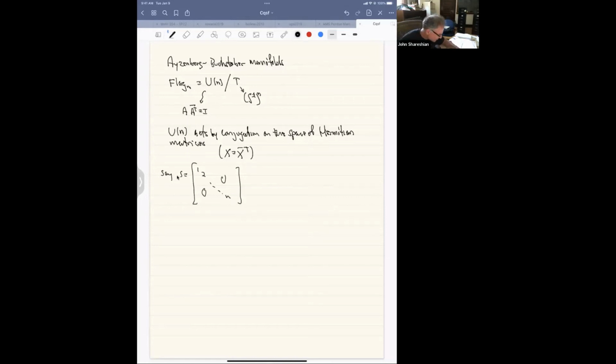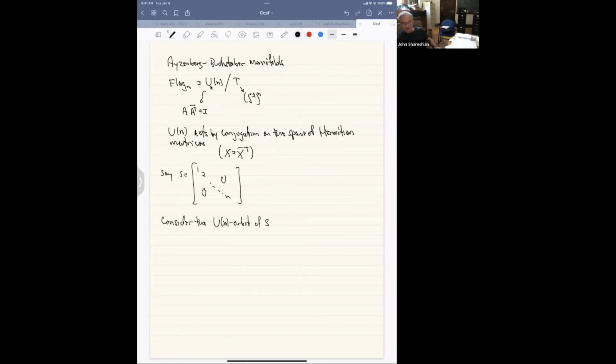And we consider the U_n orbit of S. So we just conjugate S everywhere we can by unitary matrices, and what I want to observe is that certainly this is a set on which U_n acts transitively. And what's the stabilizer of S?